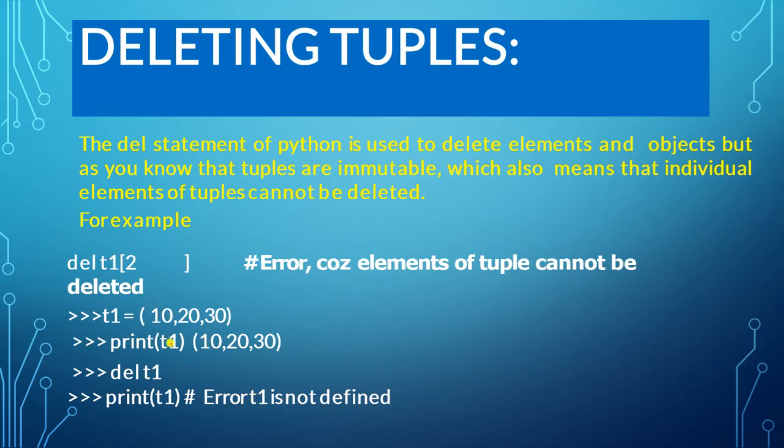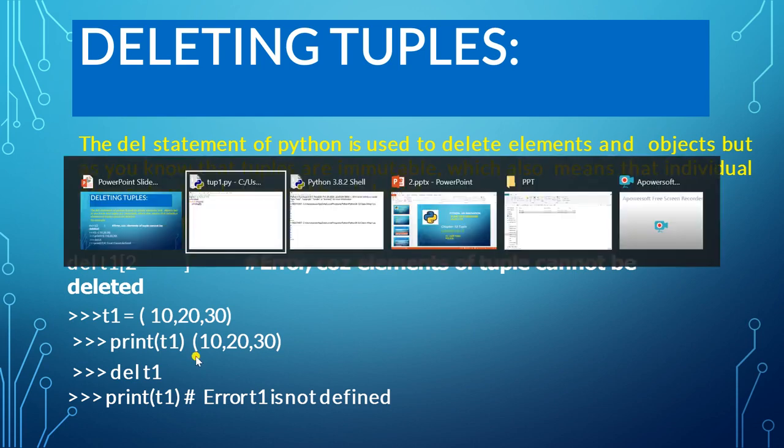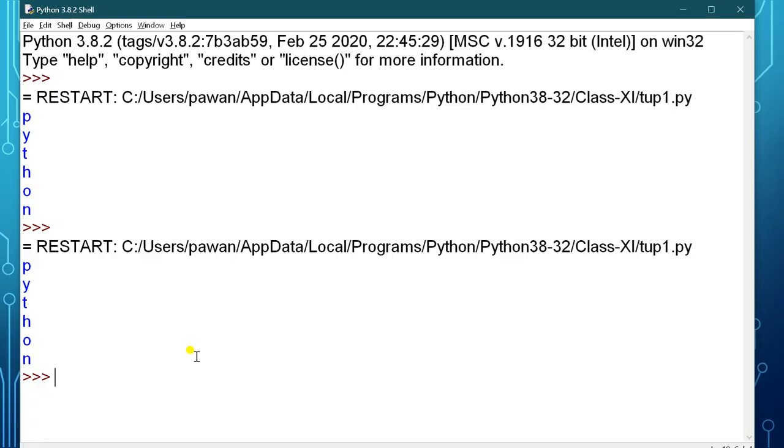I will show you how. For example, this T1 is equal to 30. Now you want to delete T1. Now print it.